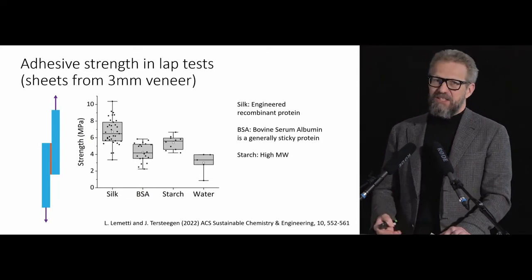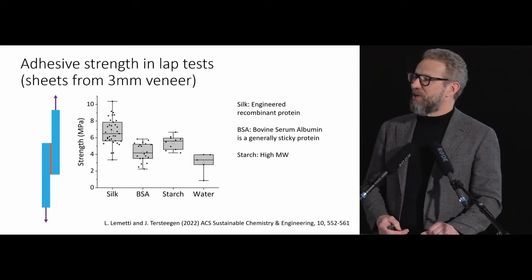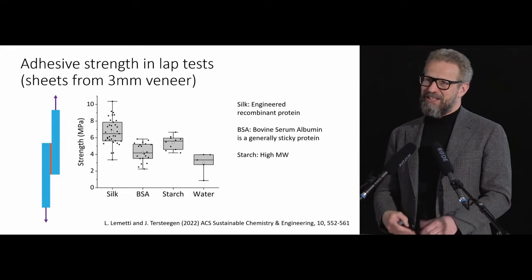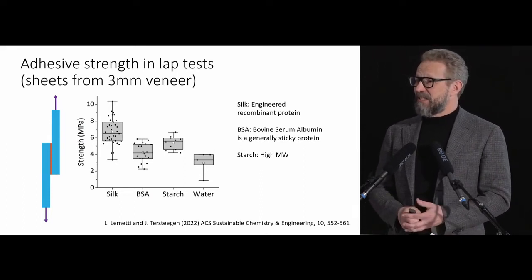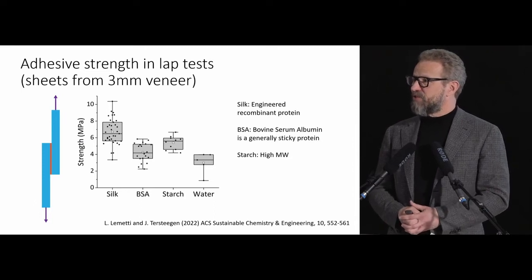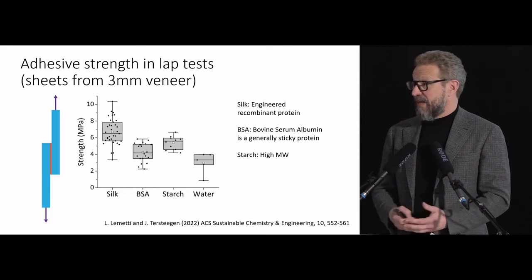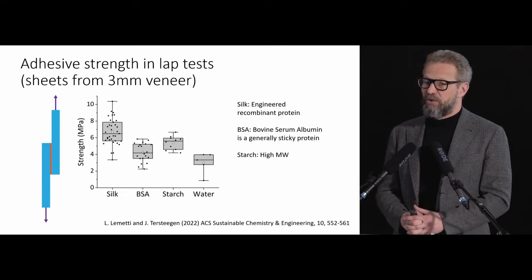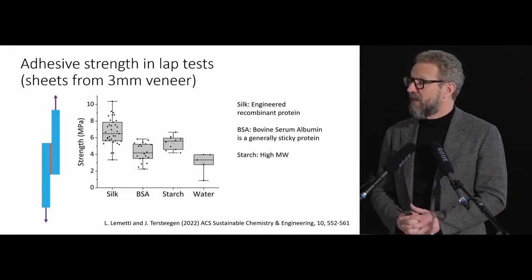BSA is the general protein. If you want a protein as a reference, you take BSA. And BSA is in most cases a kind of bad reference because it's an extremely sticky protein. But as an adhesive, that's why it's interesting to look at. And in many cases, it actually functions quite well as an adhesive.